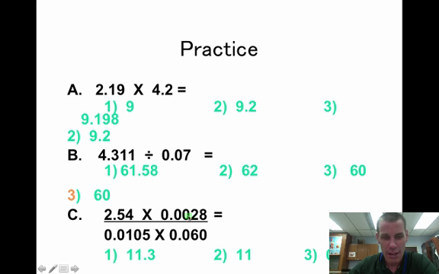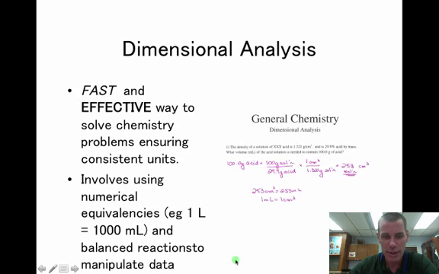Okay, let's see how many I'm allowed to keep. 3 from the 2.54, 2 from the 0.0028, 3 from 0.0105, and 2 from 0.060. Well, 3's and 2's, I'm only allowed to keep 2, so my choice is going to be 11.